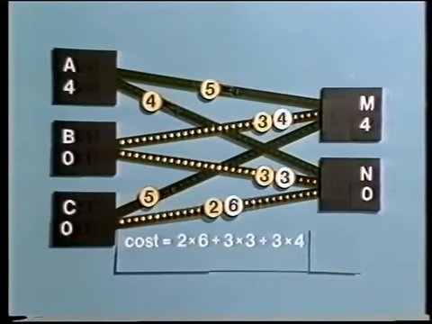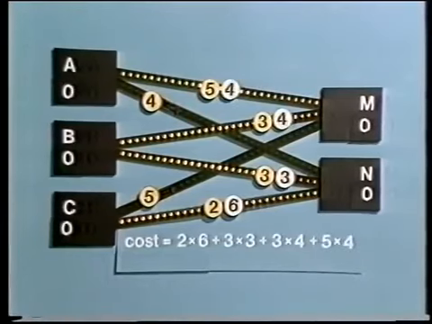These must come from A, so we have 4 units going along AM at a cost of 5 times 4, and the total cost works out at 53. Now, this is our first feasible solution of the problem.